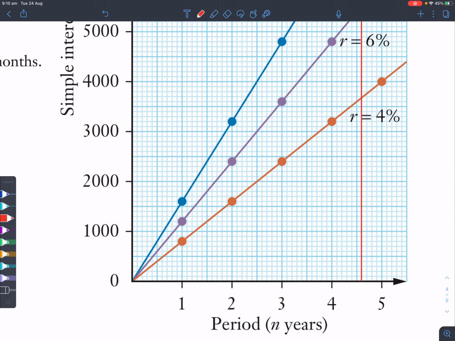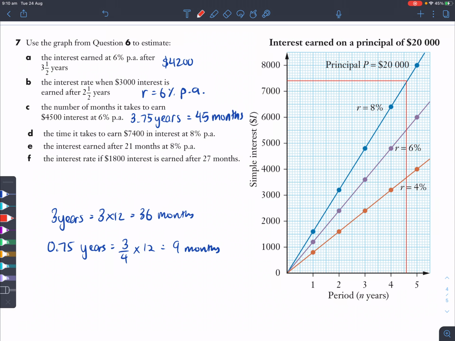So what can we see there? That looks like it is 6 squares to the right of 4, which is 4.6 years. All right. Part E: the interest earned after 21 months at 8% per annum.